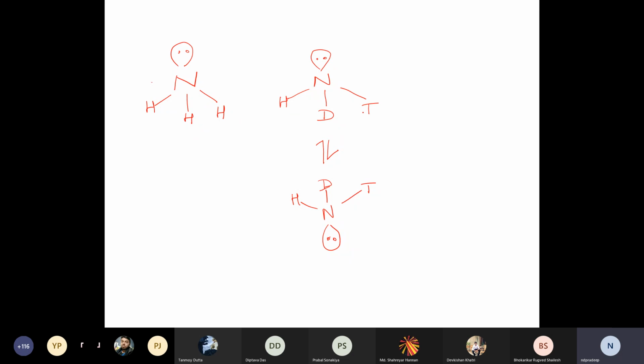People did a lot of experiments on this, and they were not able to see these two different enantiomers. So they left it like that, and the research on nitrogen chirality stopped there itself.